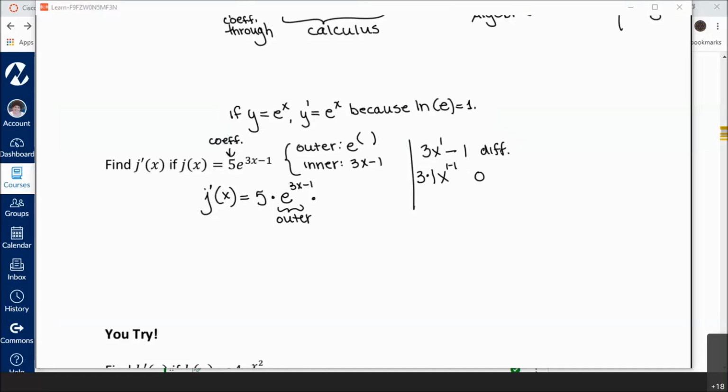Minus or plus 0 is not going to affect anything. Again, constants by themselves give you a 0 when you differentiate them because they don't change. This becomes 3 times x to the 0, 3 times 1. This is very similar to what we did in the last problem. And again, you might recognize that these two are just numbers that can be multiplied together.